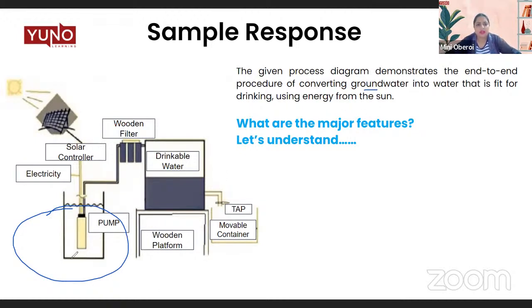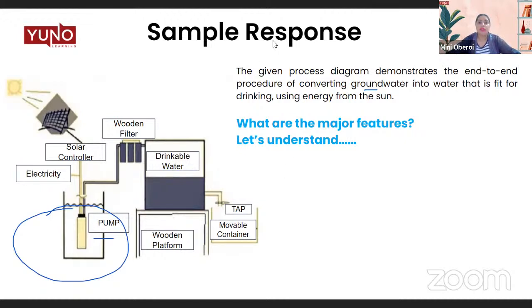It's very much well understood that it is from the ground level. But remember, everyone, when something is given on a basic level, like here we can see it is at ground level, I cannot use the word well or lakes, right? Because something like this is not labeled. So remember, we have to use the basic terminology. We cannot come up with our own ideas here.